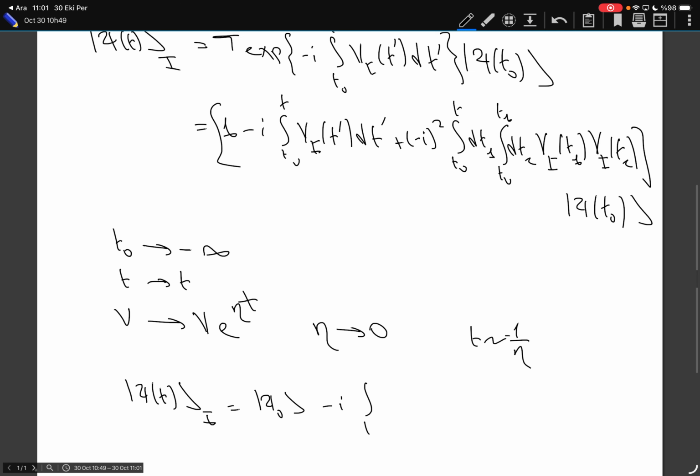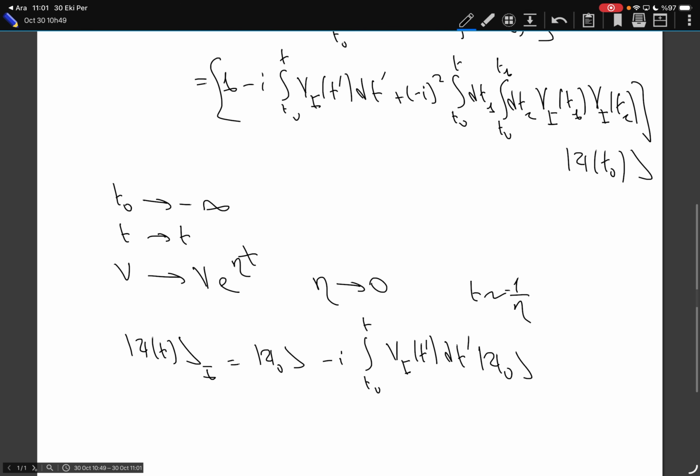It will be psi 0 minus i integral from t0 to t, V_I of t prime dt prime, psi 0, plus the other terms. Let me avoid writing them for the time being. Let me even call this psi I, the initial state. What I'm interested in is this one.